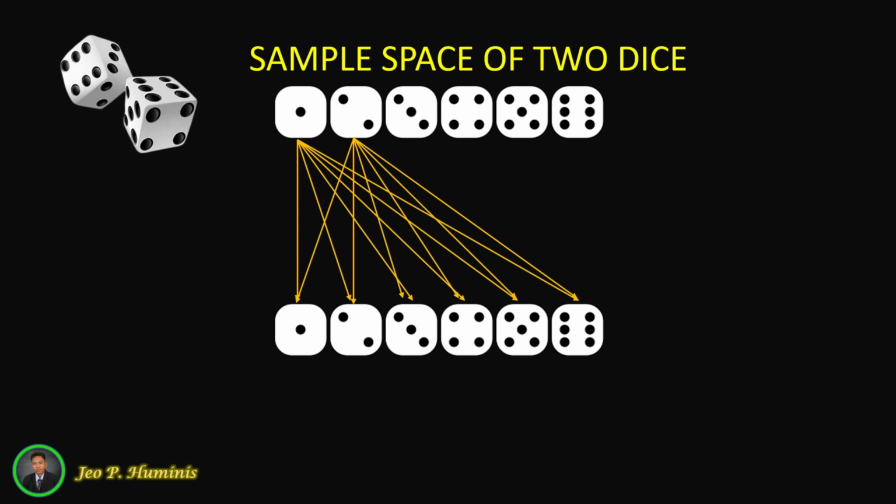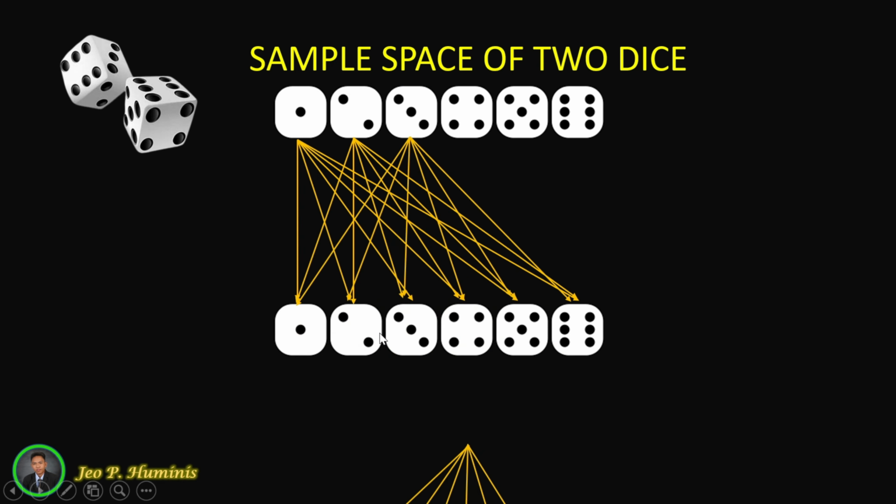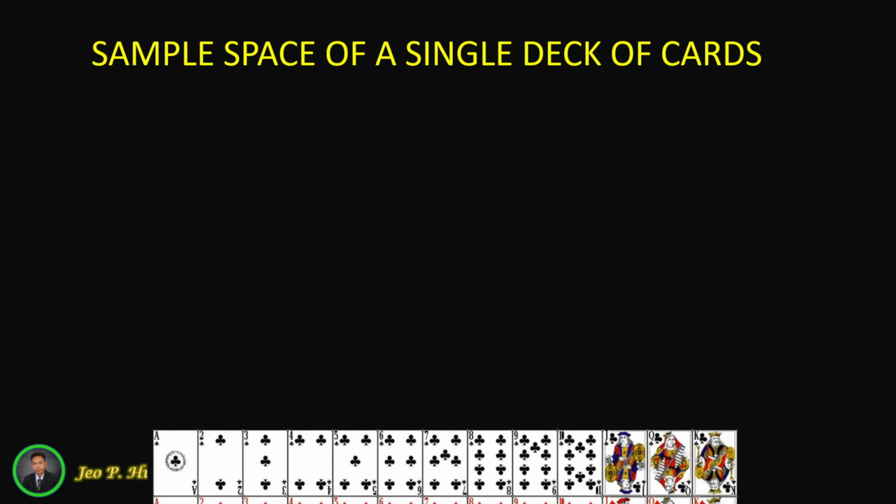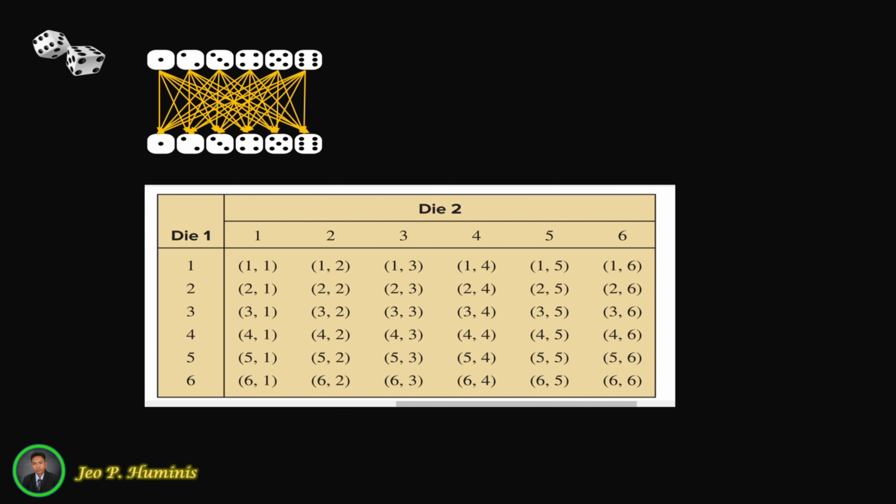It is also possible that we can get 2 and 1, or 2 and 2, and so on. So when we toss 2 dice, we get 36 sample space. We have these pairs: 1 and 1, 1 and 2, all the way to 6 and 6.